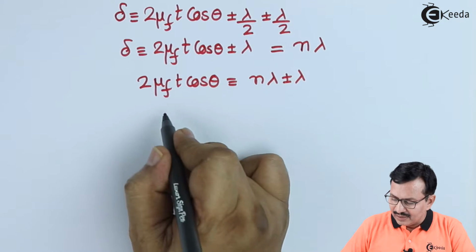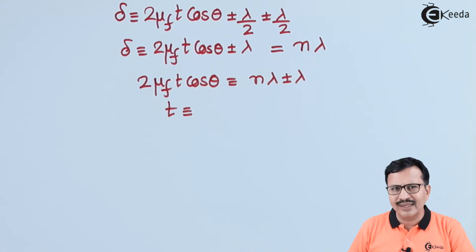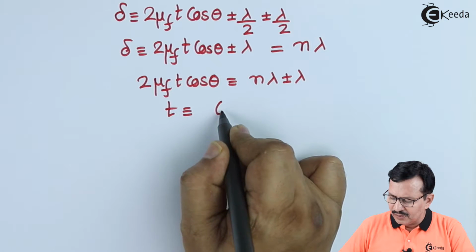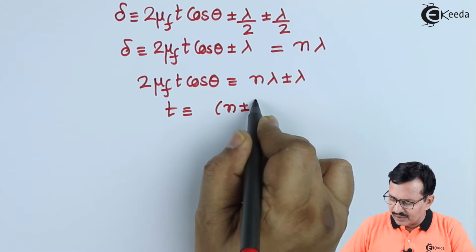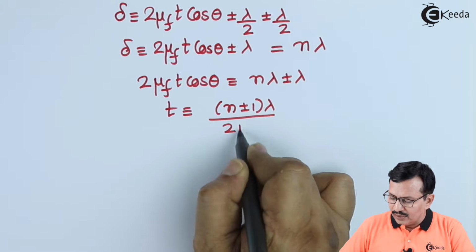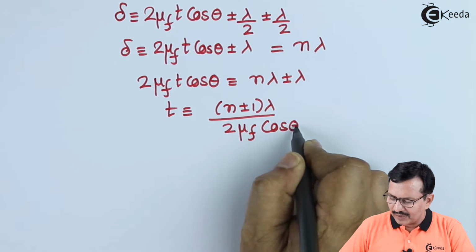And hence, this can be equal to t, because remember, what we want is the expression for the thickness. So t is going to be equal to n plus or minus 1 into lambda divided by 2 into mu f, and there is a cos theta term that is coming.